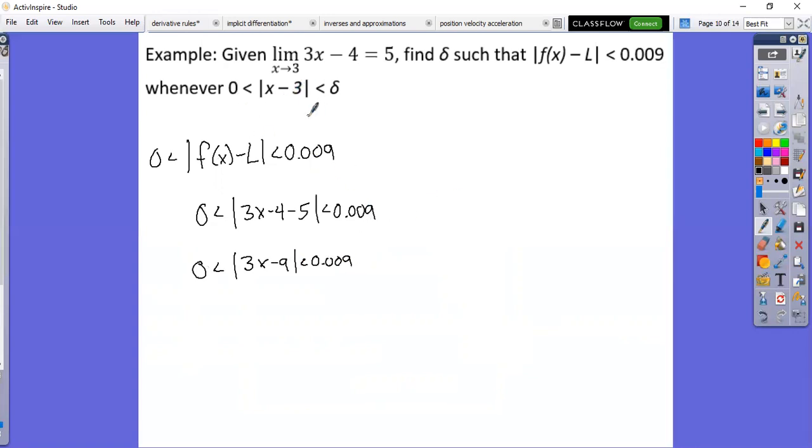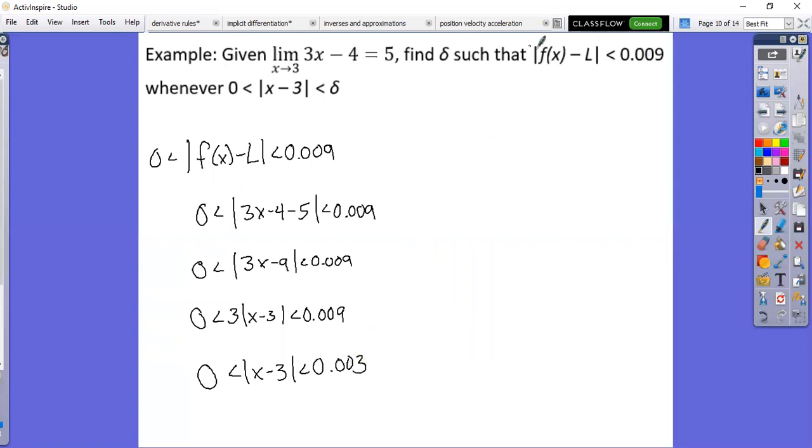My goal is to make it look like this. I notice I can factor a 3 out, so 0 is less than 3 times the absolute value of x minus 3, which is less than 0.009. Now I can divide by 3, and I'm left with 0 is less than the absolute value of x minus 3, which is less than 0.003.